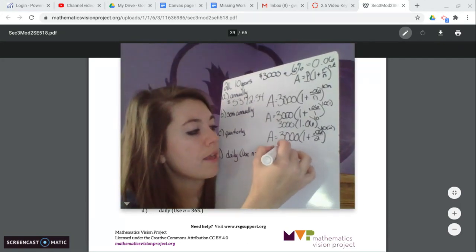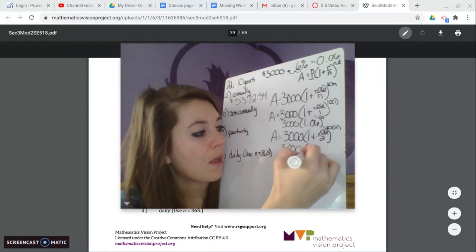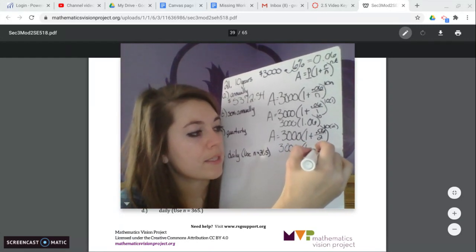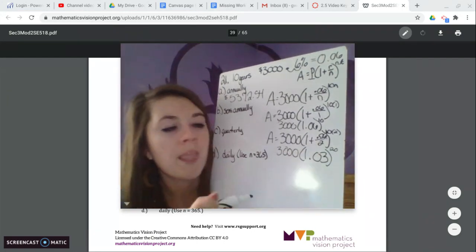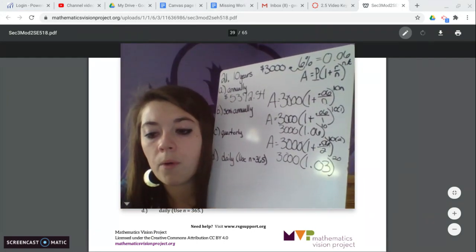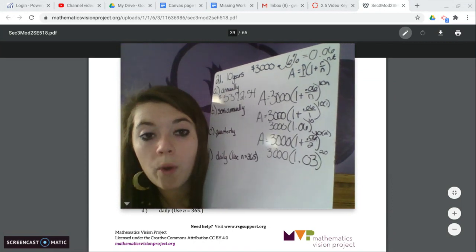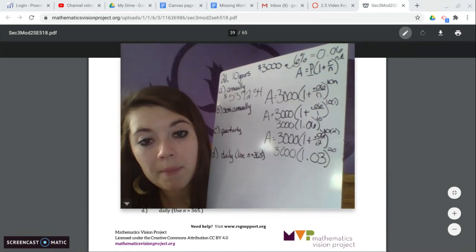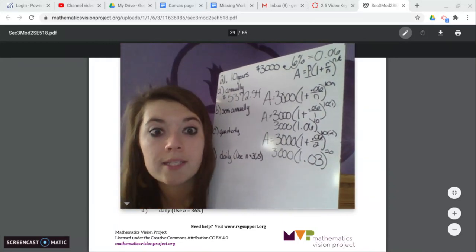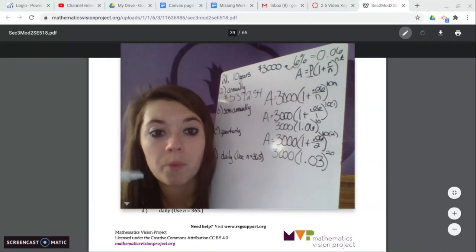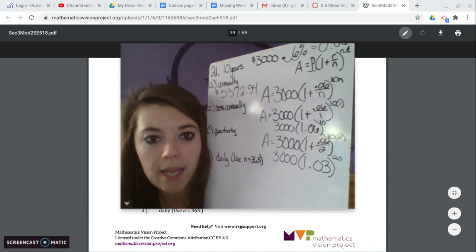So you end up with 1.03, and 10 times 2 is 20. So now we're going to take the 1.03 to the 20th power, and no, that does not mean you're taking 1.03 and multiplying it times 20. You're taking 1.03 and multiplying it times 1.03 20 times.